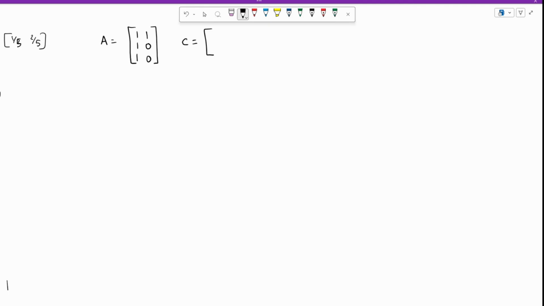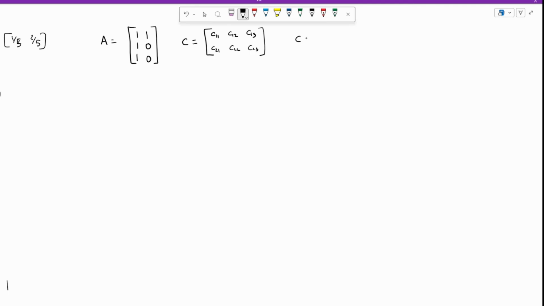What will be the shape of the left inverse? 2 cross 3, and I'm going to call the elements C11, C12, C13, C21, C22, C23.